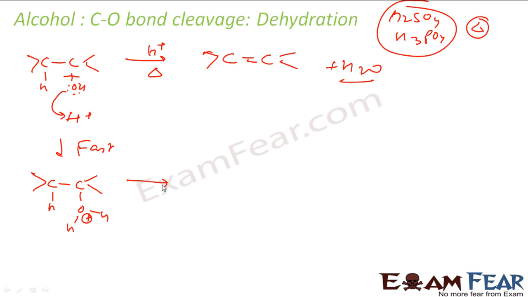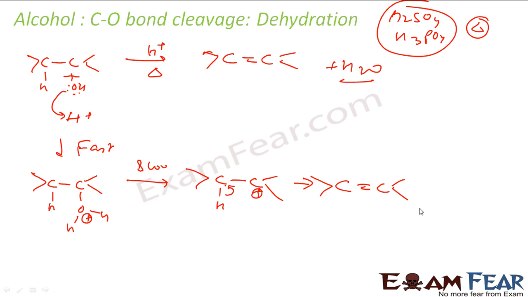OH2 leaves, and this carbon gets a positive charge. This is slow. Now since this carbon has got a positive charge, it has to stabilize. This hydrogen says, okay, I'll leave. Right, so it gets a negative charge here, negative and positive will form a bond, and H plus comes out. Correct? This is the reaction mechanism.